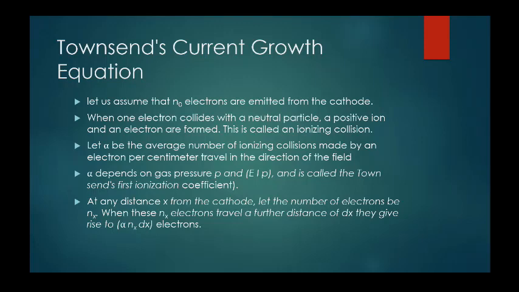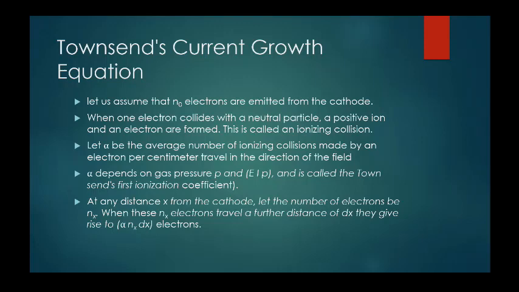When they travel by an amount of dx, the alpha is being multiplied because alpha is the average number of ionizing collisions that takes place per centimeter of travel. So if you multiply with the distance, let's say dx of travel, then the number of collisions made by the electron for that distance is obtained.